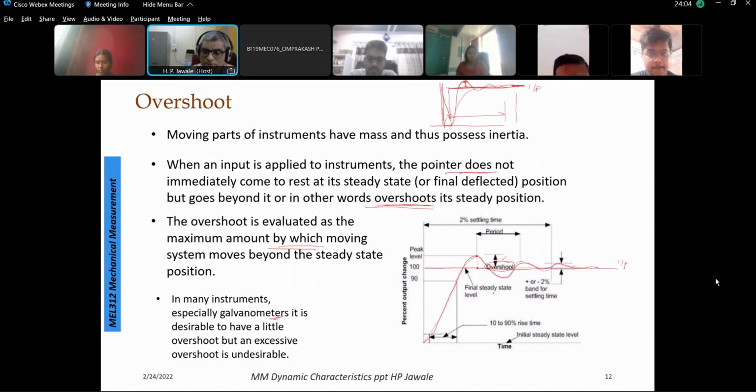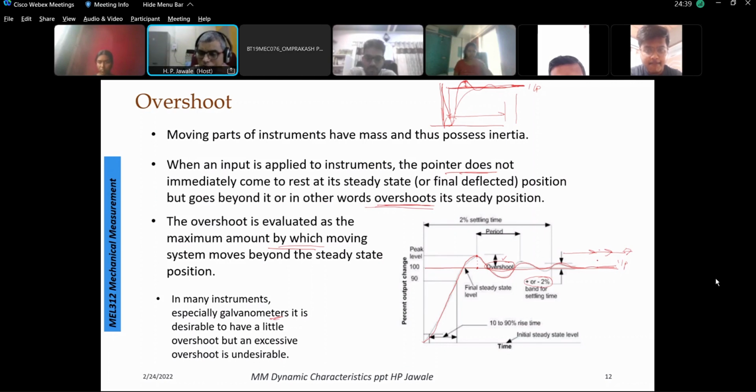In this diagram we can have a few more classifications. At a certain point of time, it assumes a more or less settled value. It will now settle down afterwards. When the settlement of the reading shown is within plus or minus 2% of the band, then we say that from here onwards is the stable output shown by the measurement system, right?